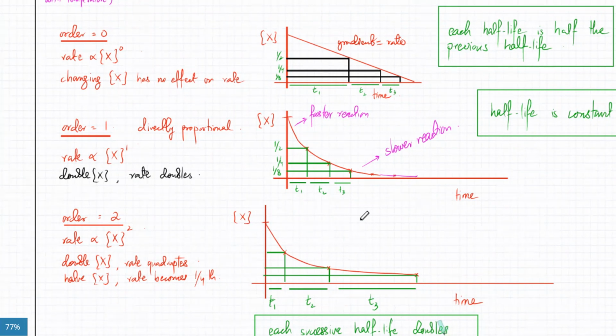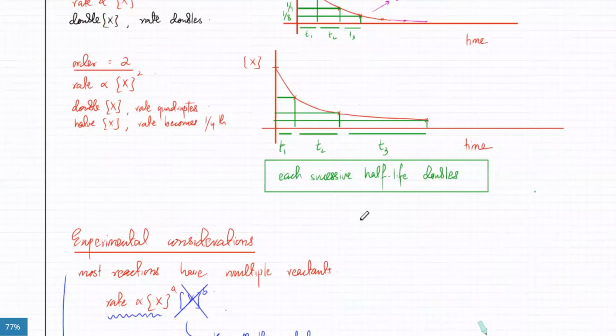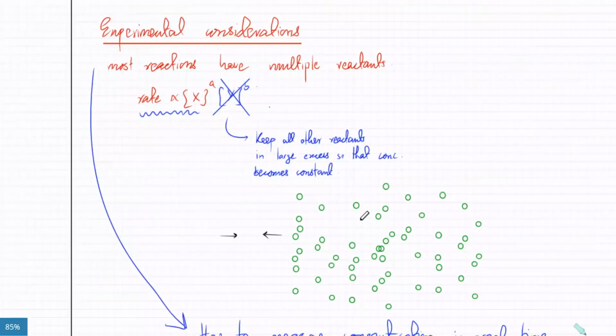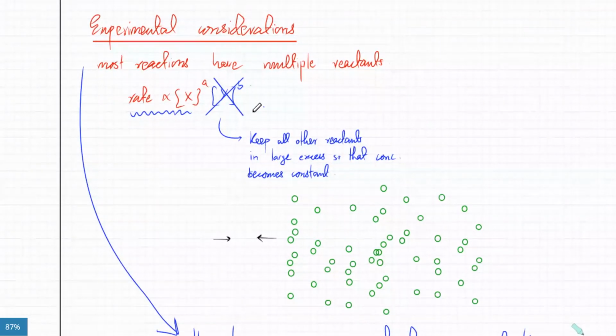The other thing that we discussed were experimental considerations: most reactions have multiple reactants. So how do you investigate rate with respect to one of the reactants? You want to keep all the other reactants constant. And it's very hard to keep the other reactants constant, because if one of the reactants is getting used up, the other one would also be getting used up. So one way to keep the concentration of the other reactant constant is that you add it in large excess.